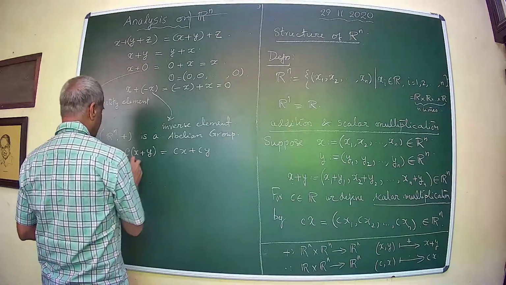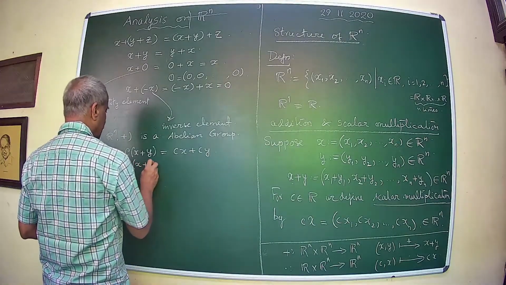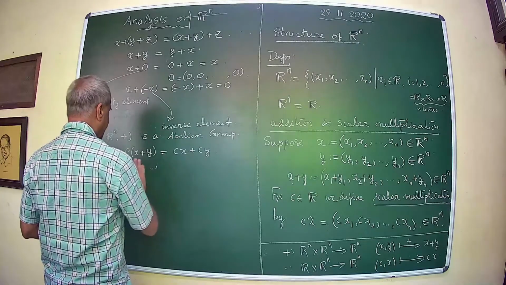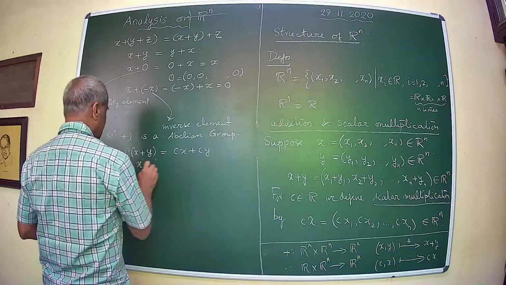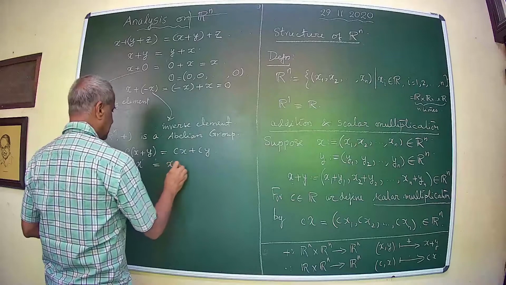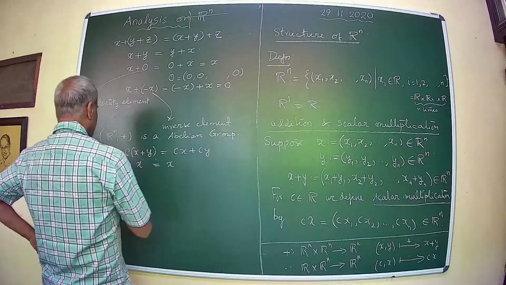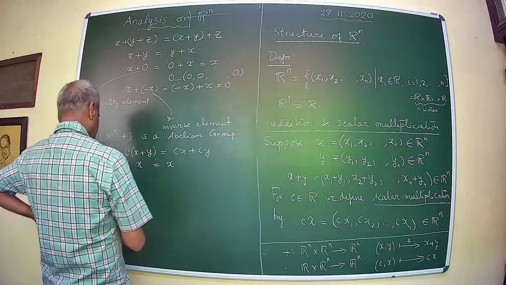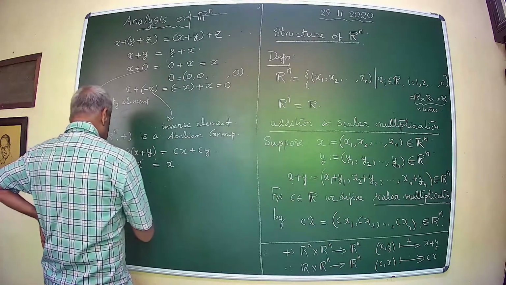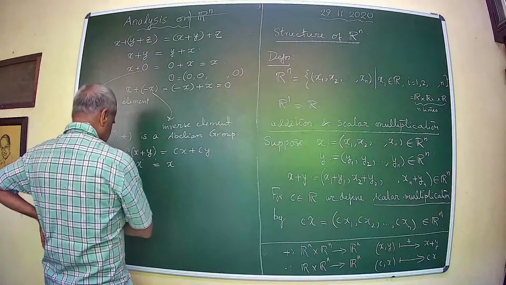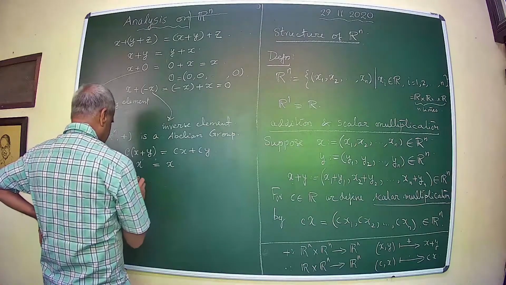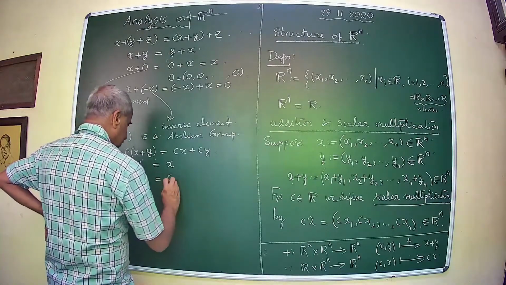Then you have 1 into x is equal to x itself. Then 1 is the unit element in R. Then you have the additive identity element 0, and 0 times x will give you 0.